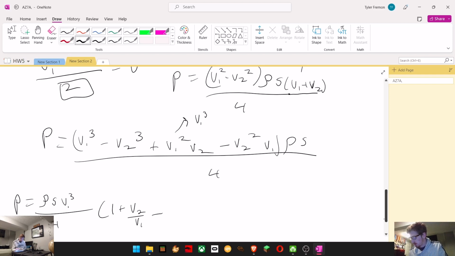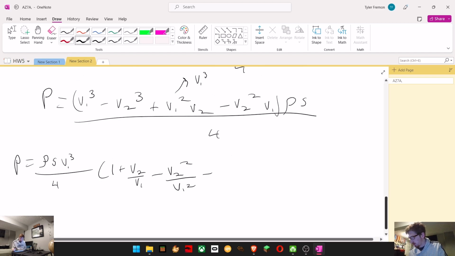minus V2 squared over V1 squared, minus V2 cubed over V1 cubed.